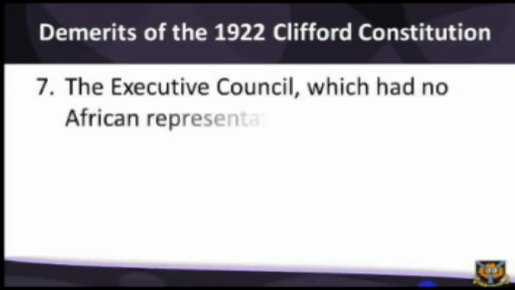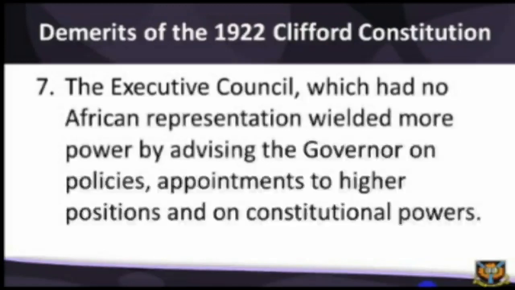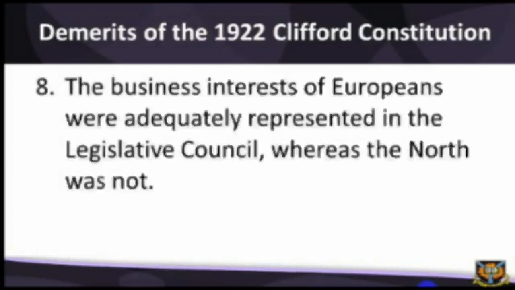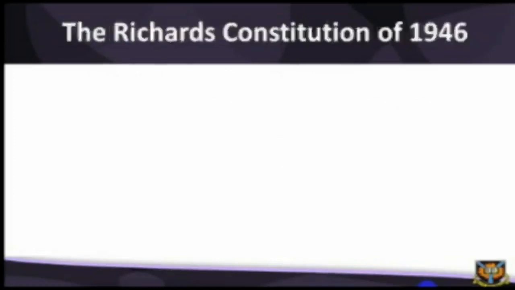The Executive Council, which had no African representation, wielded more power by advising the governor on policies, appointments to higher positions, and on constitutional powers. The business interests of Europeans were adequately represented in the Legislative Council, whereas the North was not.